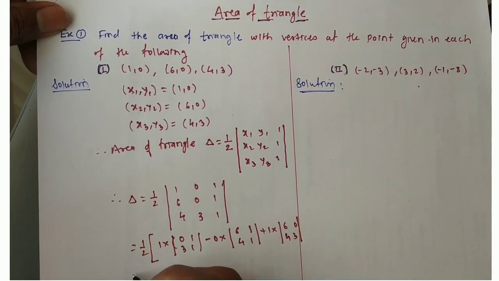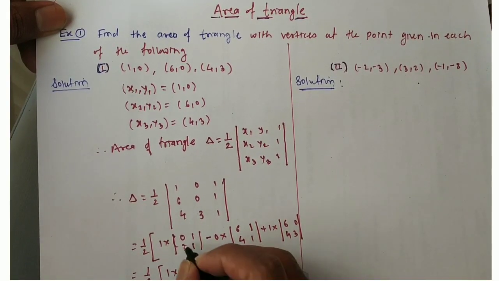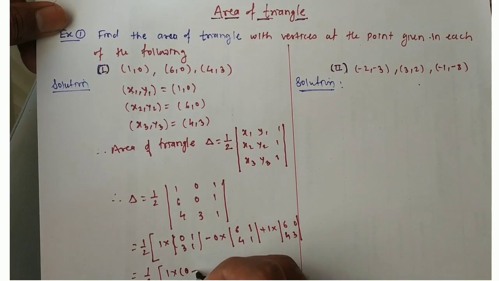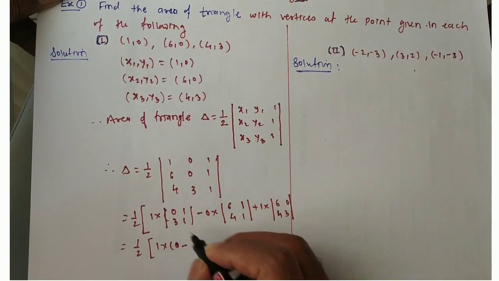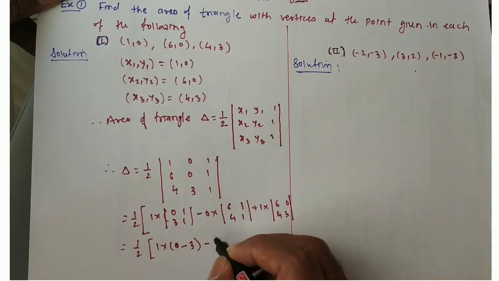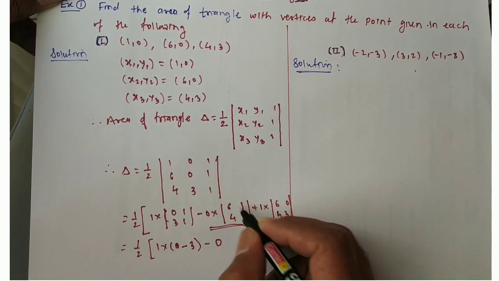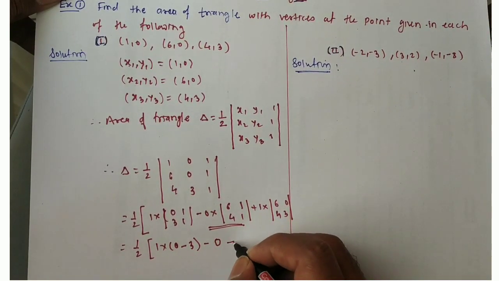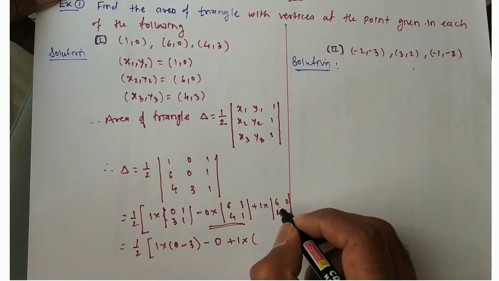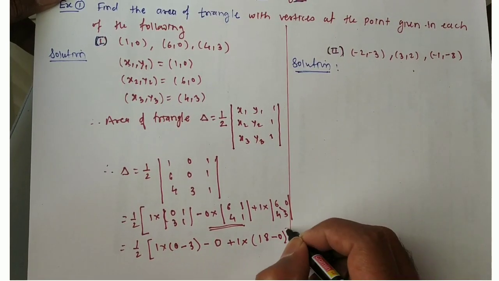Now we will evaluate this. 1 by 2 times 1 into (0 into 1, which is 0, minus 3 into 1, which is 3). Minus 0 into anything is 0, so don't evaluate this, because 0 into whatever the number is will be 0. Now plus 1 into (6 times 3 is 18, minus 4 into 0 is 0).